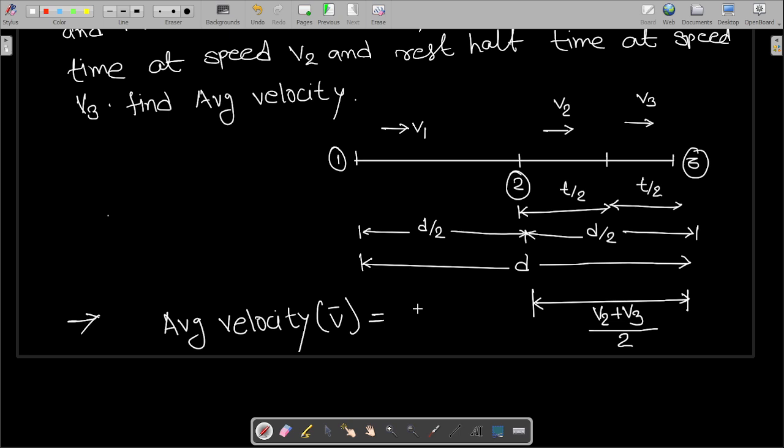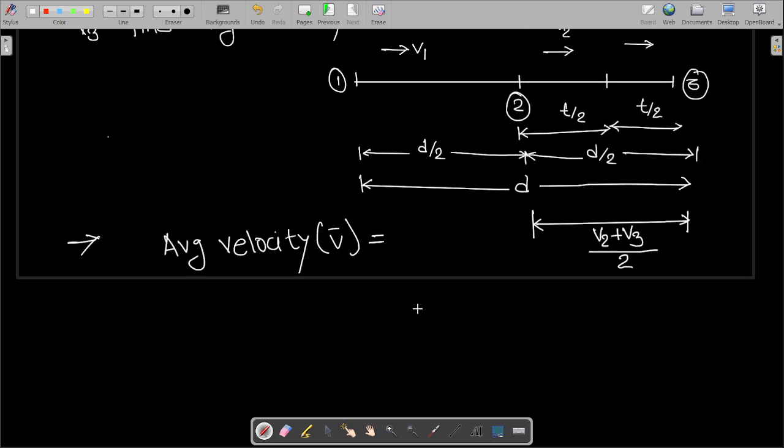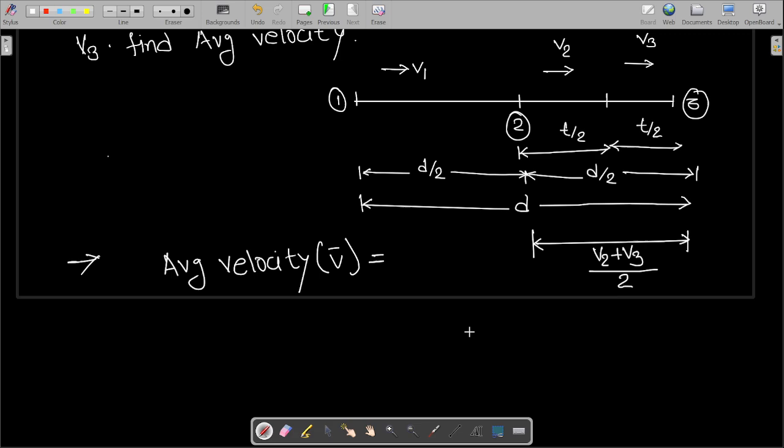So now, in the simplified version, from point 2 to point 3 the average velocity is v2 plus v3 by 2.